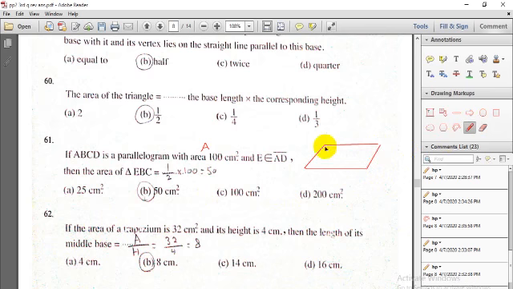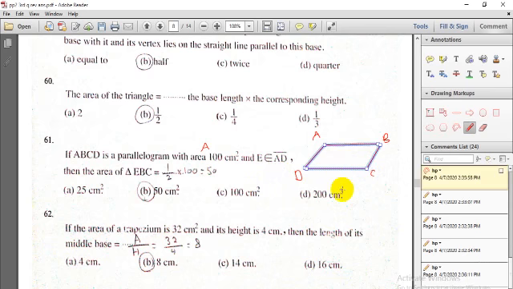This is A, B, C, D, and he wants EBC. There is E, which belongs to AD.